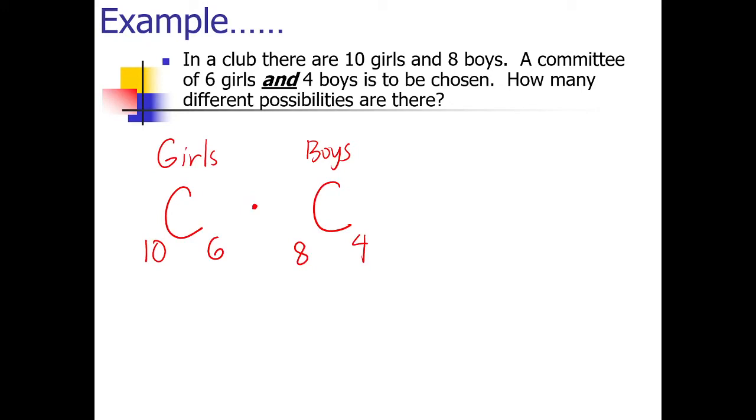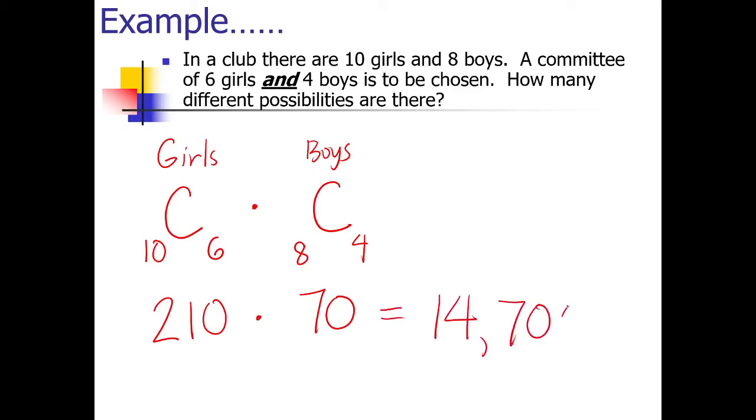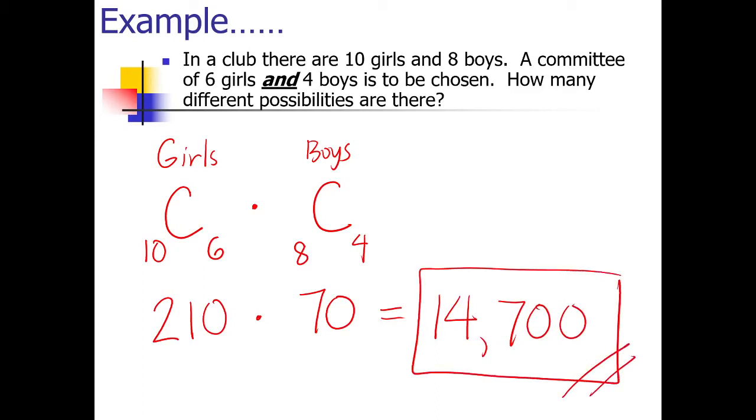Use your calculator. 210. What about 8 combination 4? 70. And what is 210 times 70? Oh, there you go. 14,700. That is the answer for our problem.